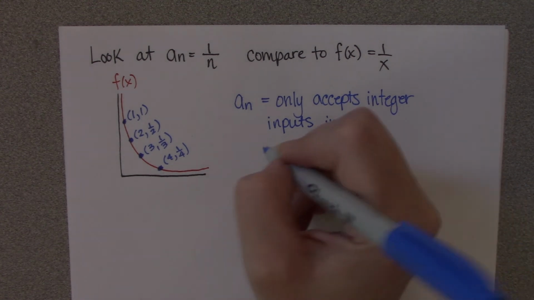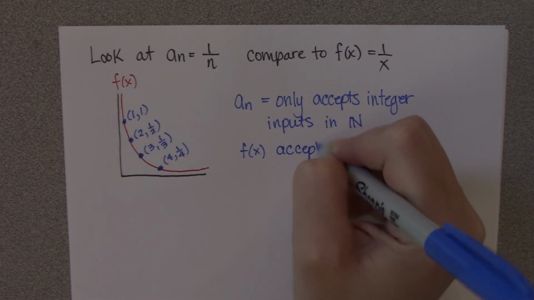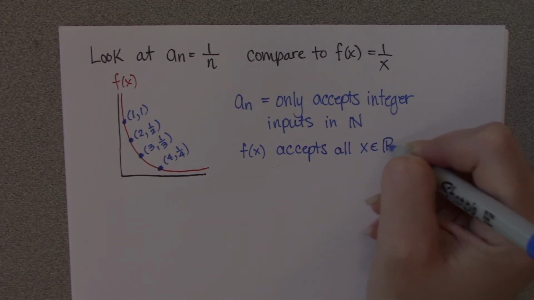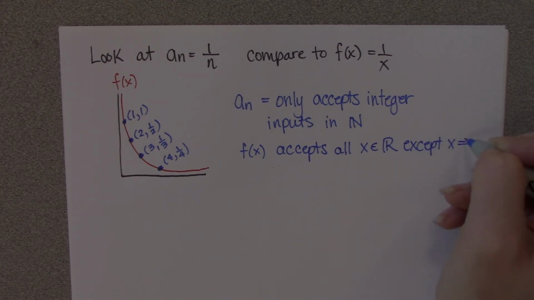And f of x accepts all x that are in the real numbers except x equals 0. So the domain of f of x is any number but 0. And if you want to think about the domain of the sequence, it would just be all n values greater than 0. So just 1 to infinity would be totally fine.